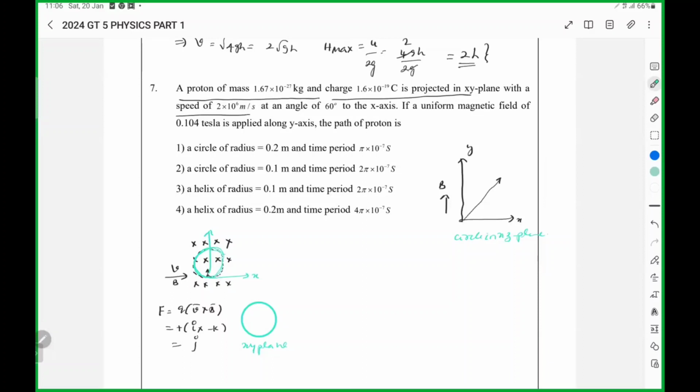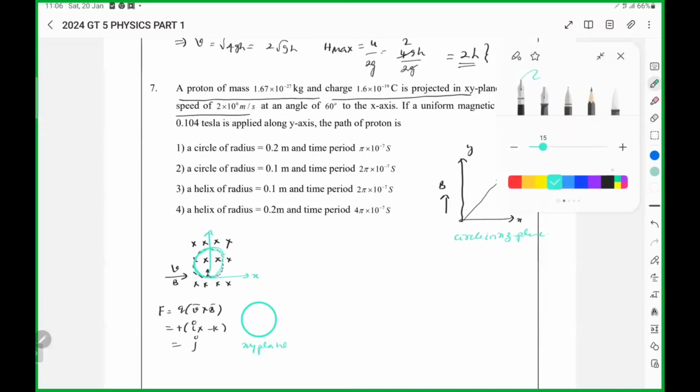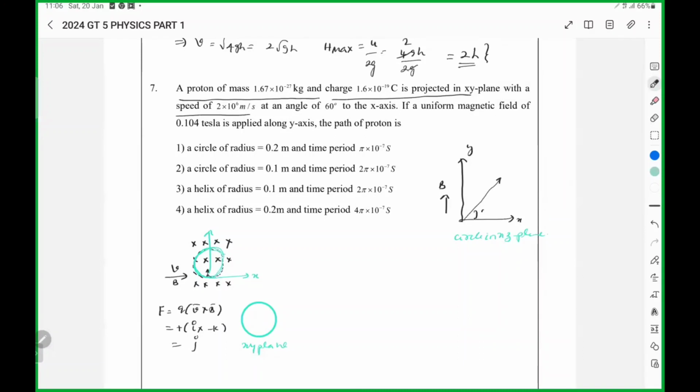So with theta, it is moving in the xy plane at an angle of 60 degrees with the x-axis. This velocity has two components. So v sin 60 is in the direction of B, so there is no use because force v cross B becomes zero.